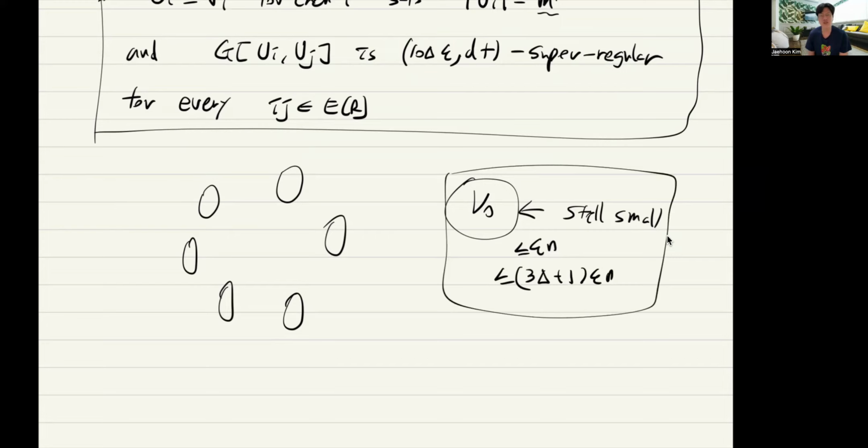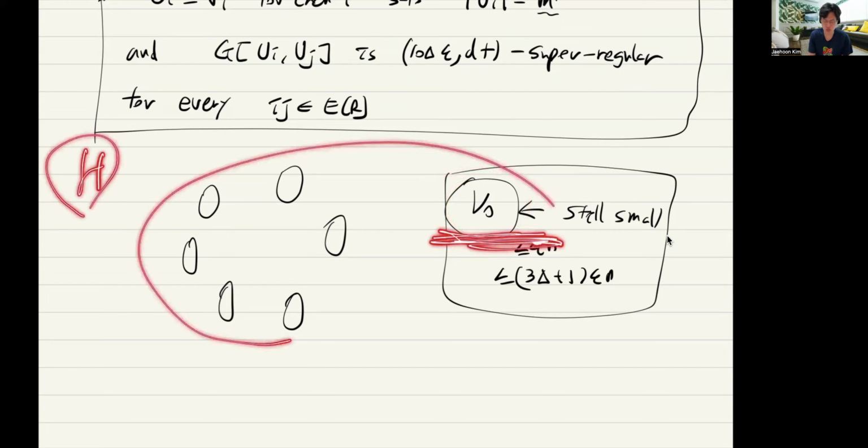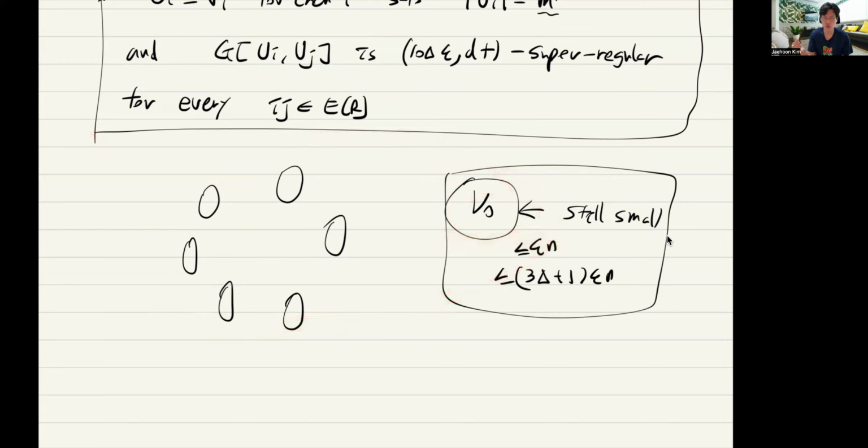And in order to find the spanning copies, you have to also distribute these vertices. You have to also use these vertices because your H and G have exactly the same number of vertices. So every vertex in this G has to be mapped from a vertex in H. And what you do is for each one of them, you decide where to move.